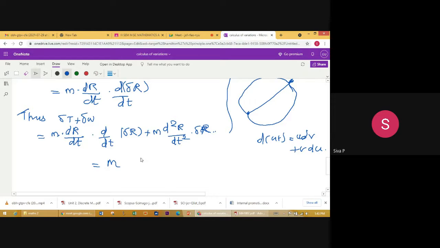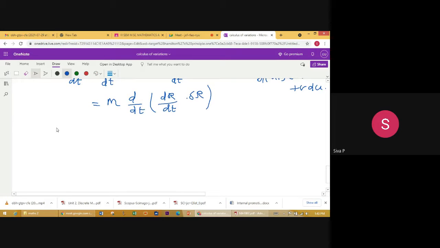Therefore, this can be written as d by dt of dr by dt into delta r.